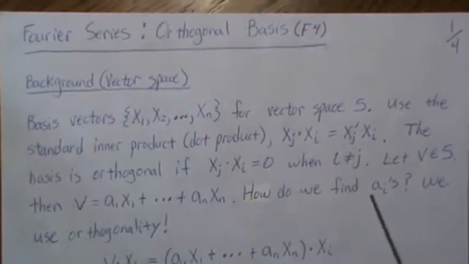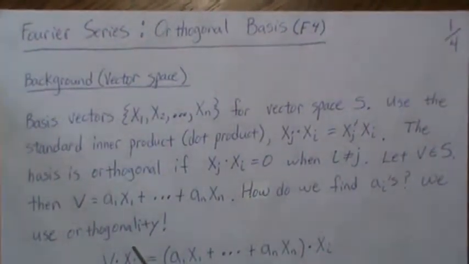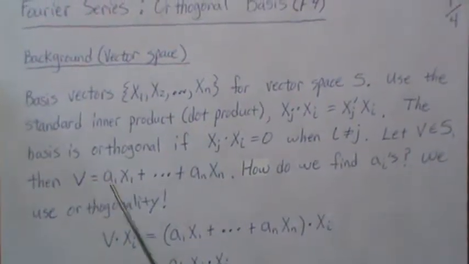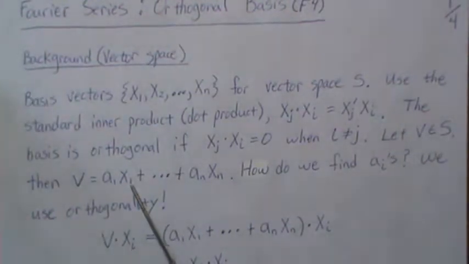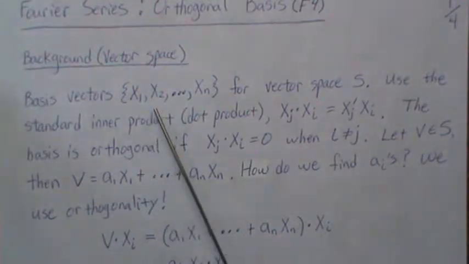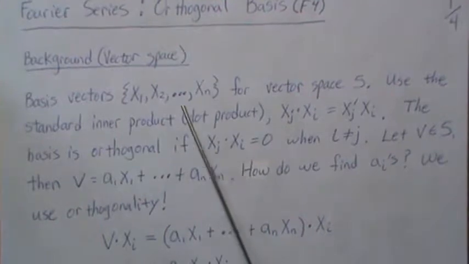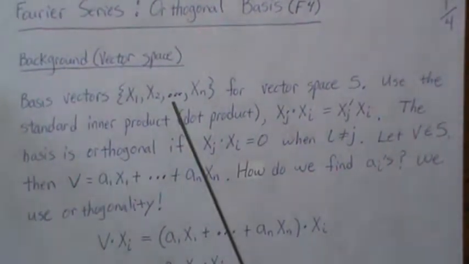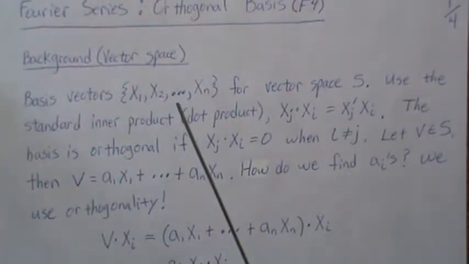So how do we solve for the AIs? We use orthogonality. What does that mean? If we have V represented like this, each of these vectors is orthogonal, so when you dot them with any other vector, they're zero. Let's pick an arbitrary one, the ith basis vector.